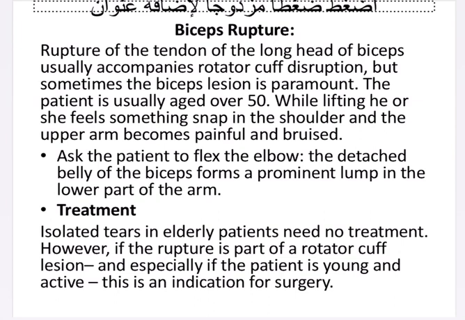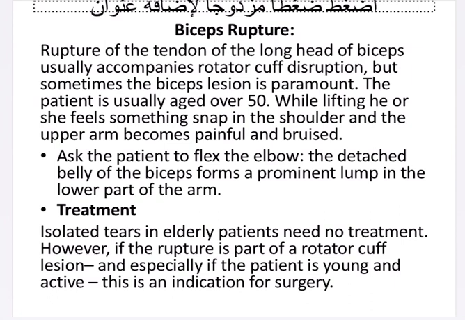While lifting something heavy, he or she feels something snapping in the shoulder and the upper arm becomes painful and bruised. If we ask the patient to flex the elbow, the detached belly of the biceps forms a prominent lump in the lower part of the arm.